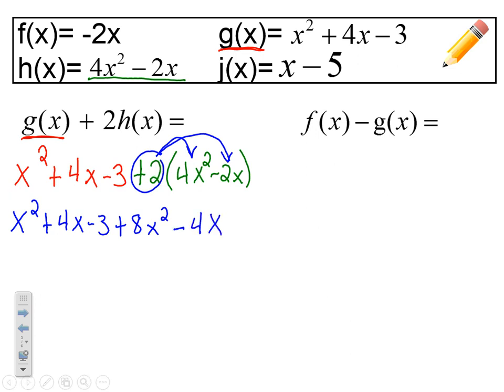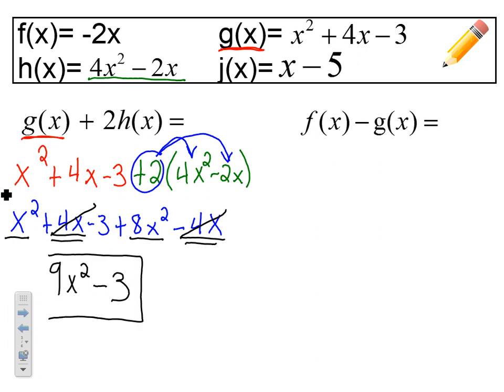Once we get to this point, we're going to combine like terms. So I have x squared and an 8x squared, which gives me 9x squared. Now my x values, I have 4x and a negative 4x, so those just cancel each other out. And the last thing I'm left with is the negative 3. This is as simplified as we can get it, so this is going to be my answer, ladies and gentlemen.